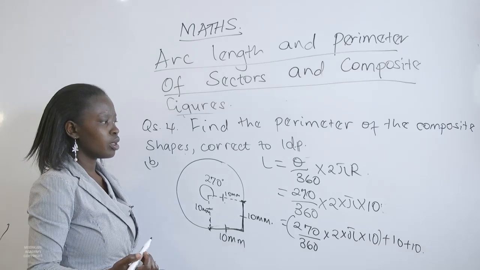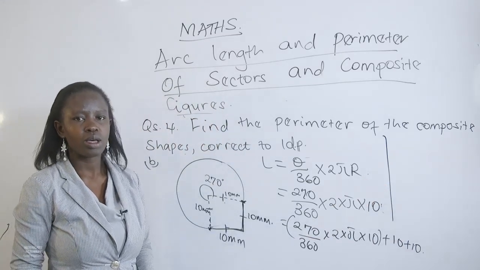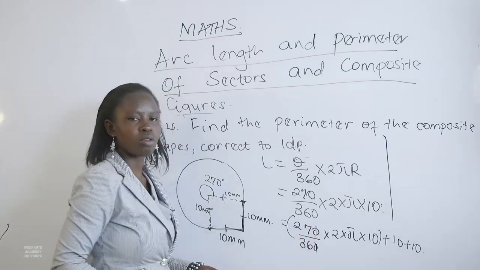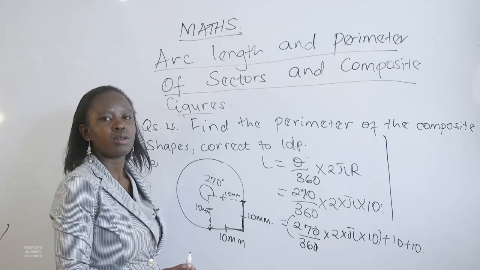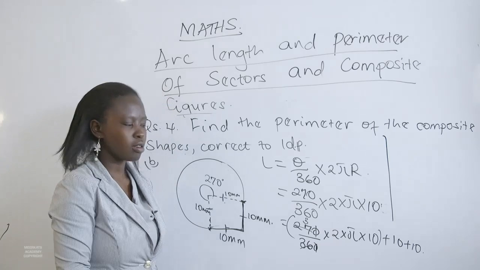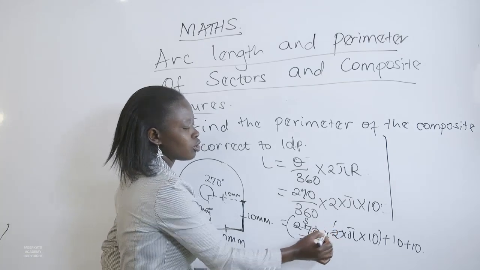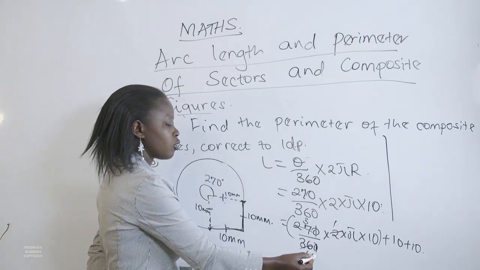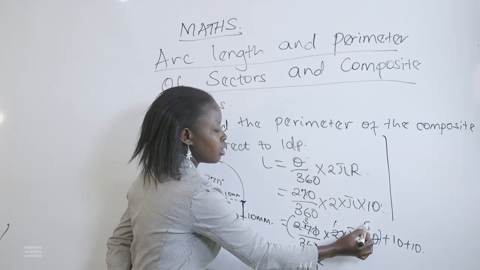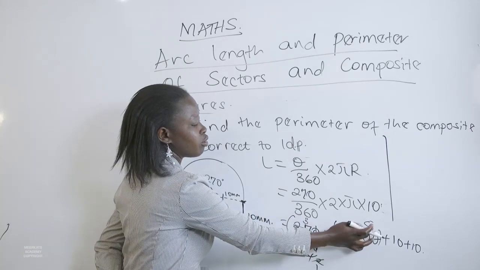So we try and simplify: the 0 and 0 cancel out. 9 into 27, 3; 9 into 36, 4; then 2 into 2, 1; 2 into 4, 2; 2 into 2, 1; 2 into 10, 5. So we are left with 3 times pi times 5.